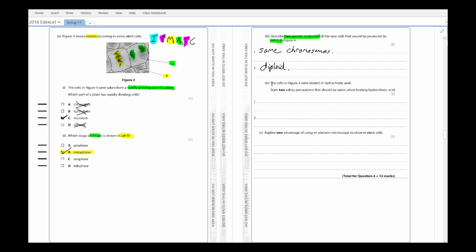The cells in figure 4 were heated in hydrochloric acid. The question says, state two safety precautions that should be taken when heating hydrochloric acid. It doesn't matter what the context is. First, wear goggles.